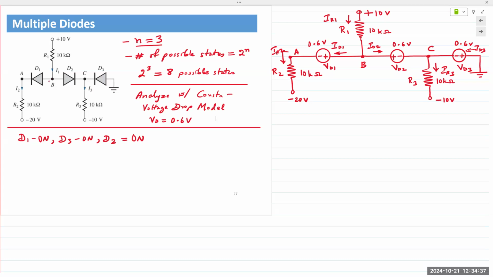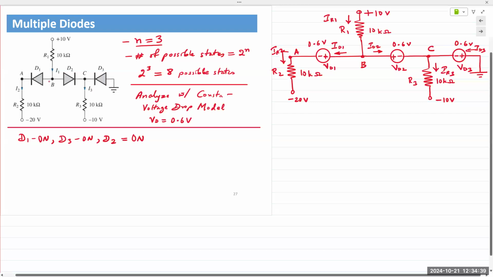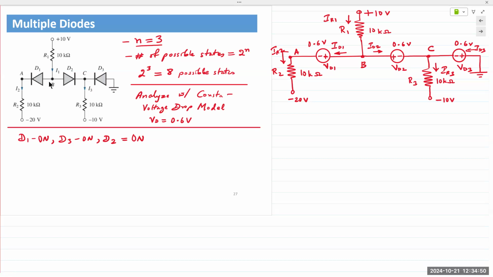Now, in this case, I'm going to start with all three diodes on. D1, D2, and D3 all have on states. And I'll explain the reasoning. Now, of course, these are all assumptions, right? The assumptions are based on certain logic. They're based on certain rules.